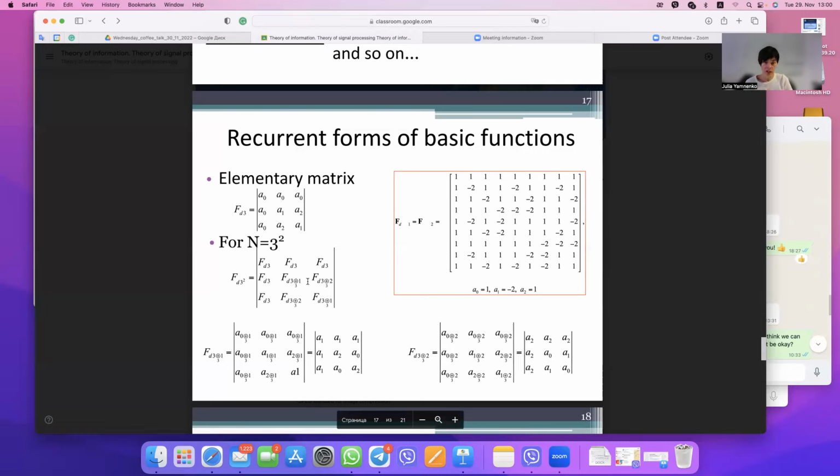And the third element of this 9 by 9 matrix is 3 plus 2 in the lower index. So here is an explanation of how to do this. And again, we obtain a 3 by 3 matrix that is different from the previous one and from the elementary matrix, but still they consist only of these 3 same values, A0, A1, and A2, that we know exactly.